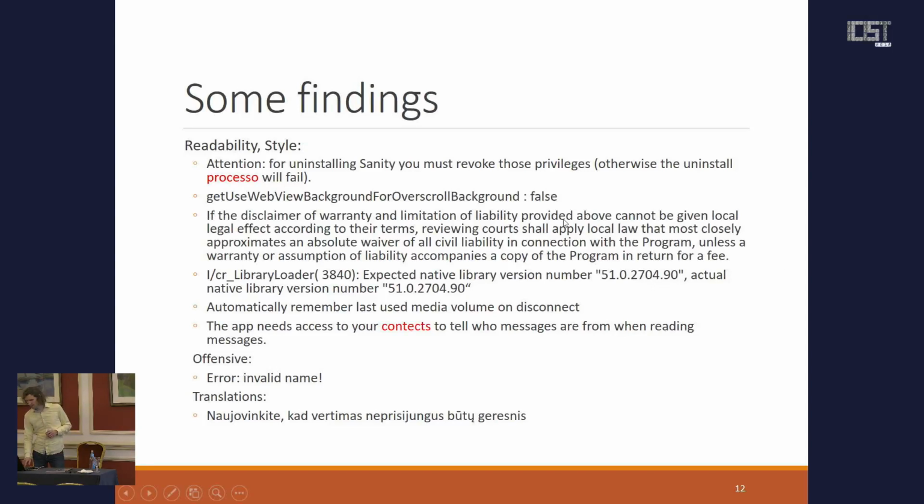Many applications have legal texts which are hard for people to understand, and some messages are totally obscure. We have no idea what they mean. Then again some spell checking issues. This one is my favorite: offensive messages, like "error, invalid name," shouting at the user.